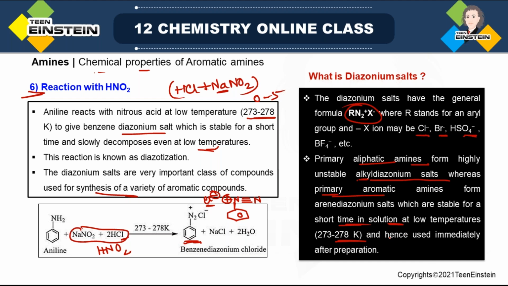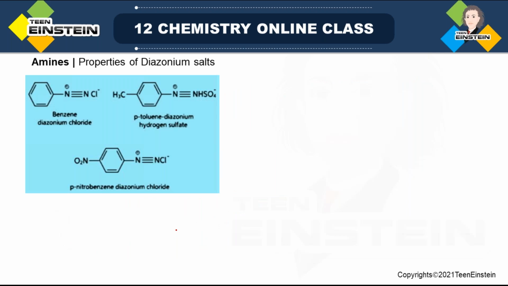So you have to maintain this condition, and that is the reason it is used immediately after preparation. So suppose this is produced and it is present in a test tube, what we do, we do not isolate it, the next reagent is added to it so that we can get some other compound. Fine. Now these are some examples of different types of diazonium salt.